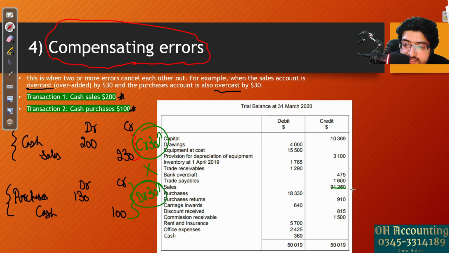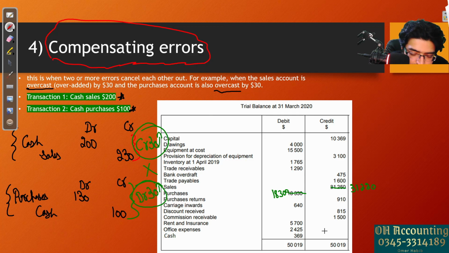The actual value of sales should be 31220. All right. And then do the same with purchases. The purchases should also be 18300. Now what will happen because of this? This will just reduce the balance of debit and credit by 30 on both sides.